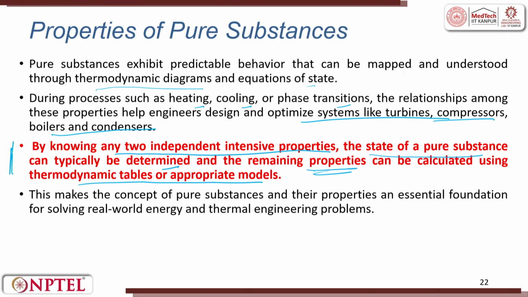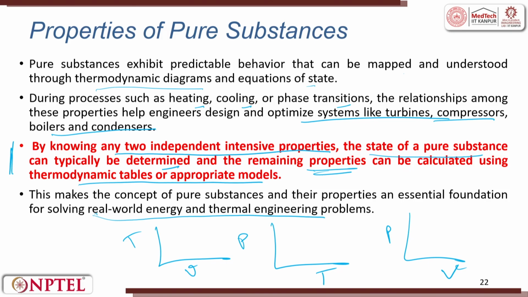By knowing any two independent intensive properties, PV, PT, TV, if you do it, then the state of a pure substance can typically be determined and the remaining properties can be calculated using the thermodynamic table or appropriate model. This makes the concept of pure substance and their properties an essential foundation for real world application and thermal energy problems.